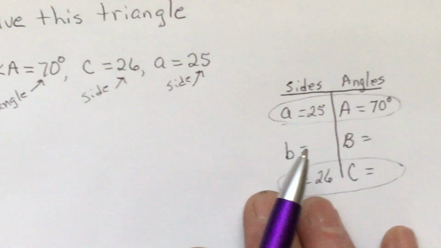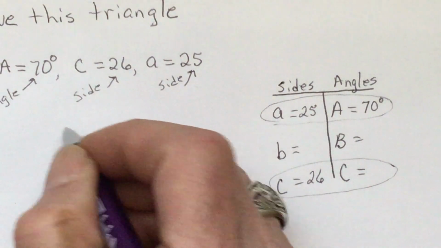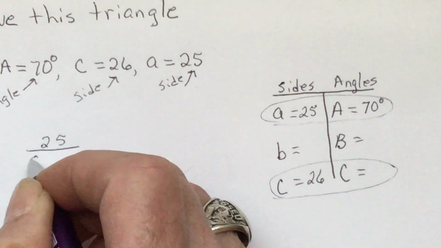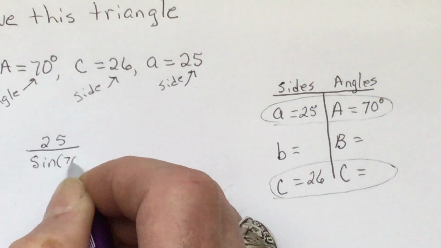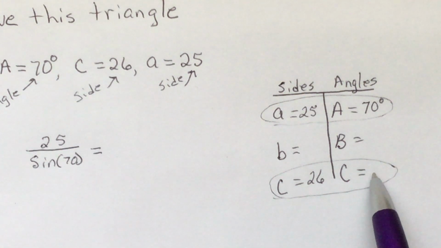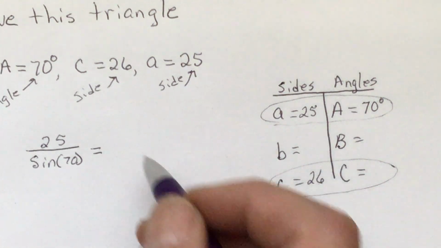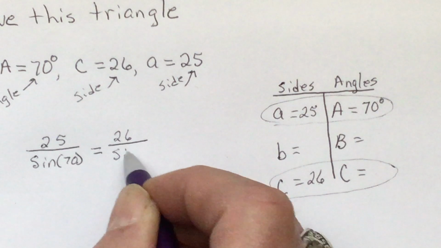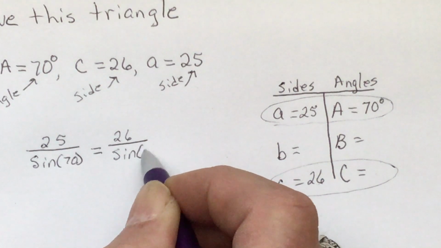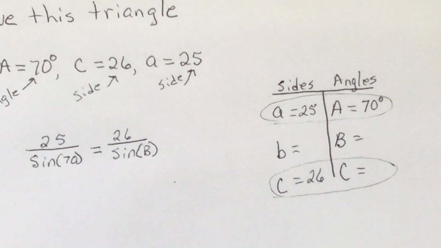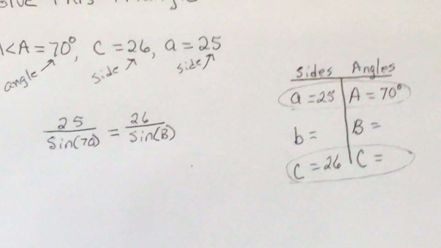And it will look like this. Okay. 25 over sine of 70 equals. I don't know how much angle C is, but I know how much side C is. Side C is 26. Sine, I'll just put capital B. So I know that I'm solving for angle B.